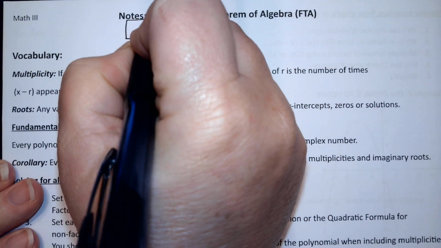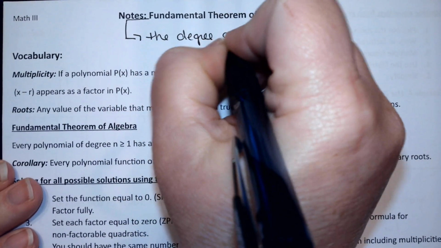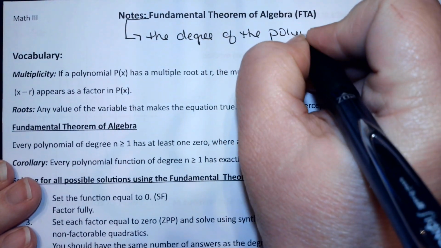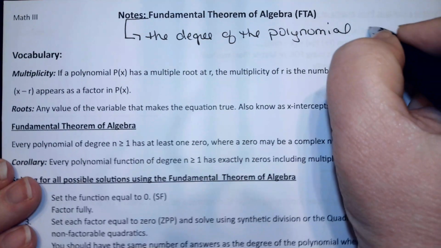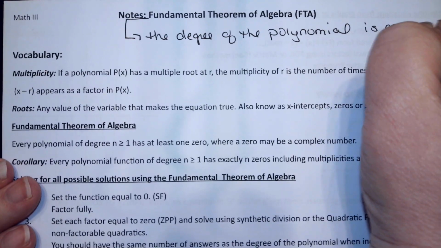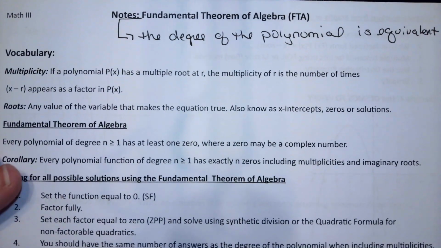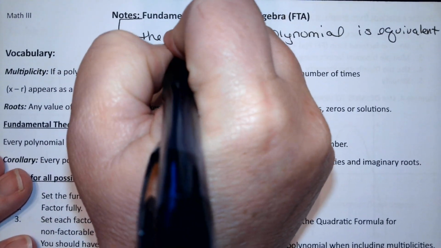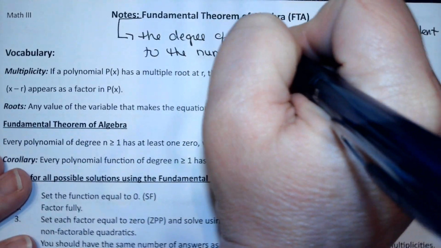Okay, the FTA simply says that the degree of the polynomial is equivalent to the number of solutions.